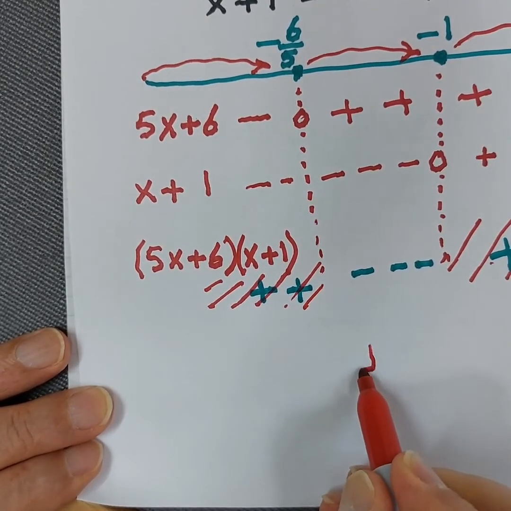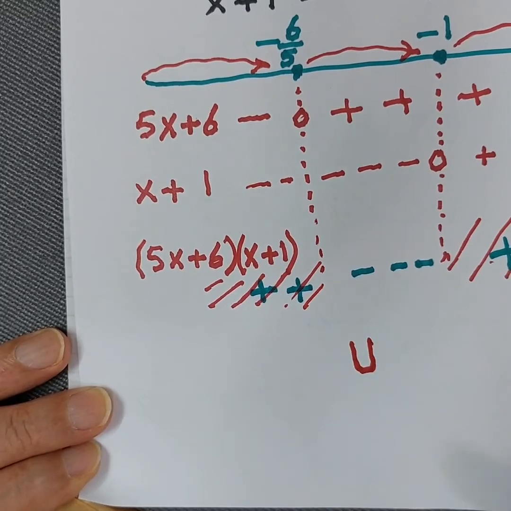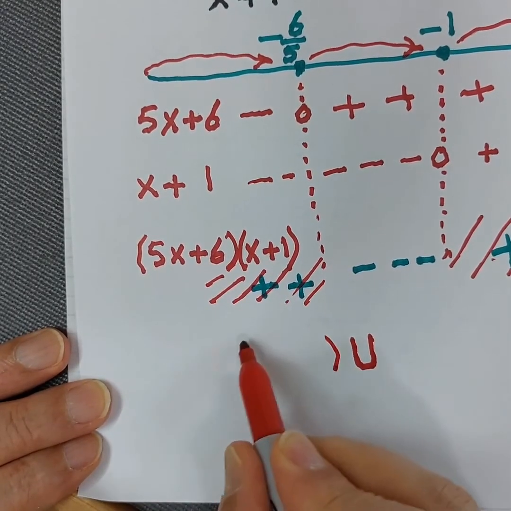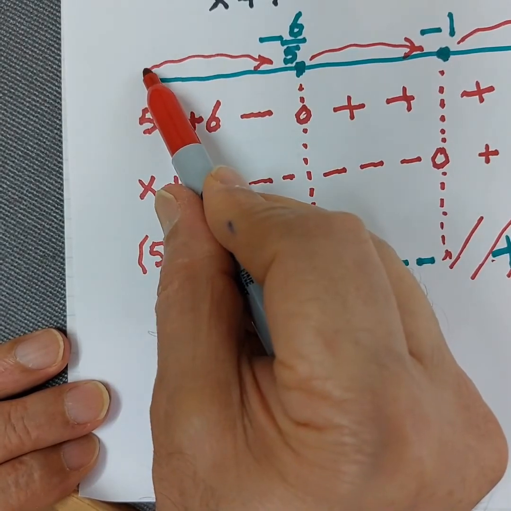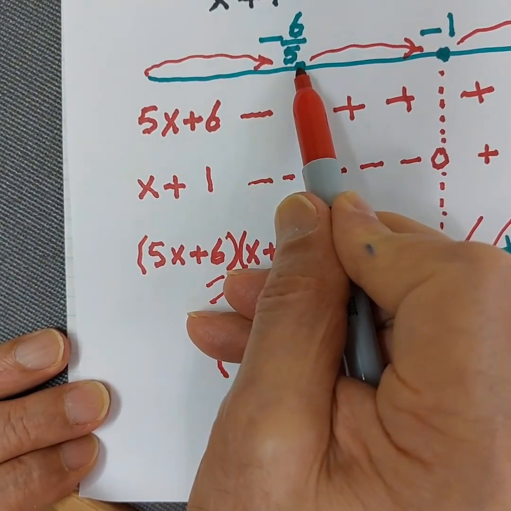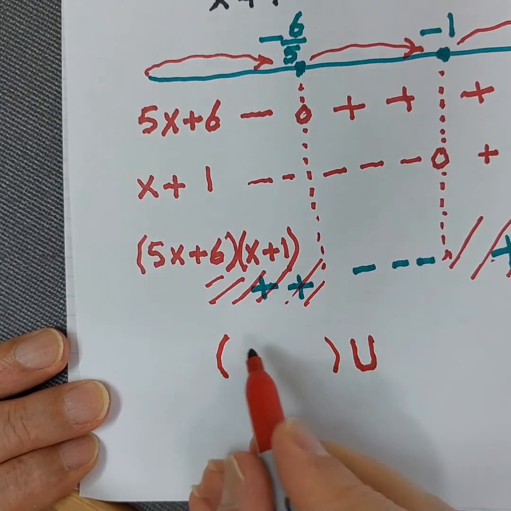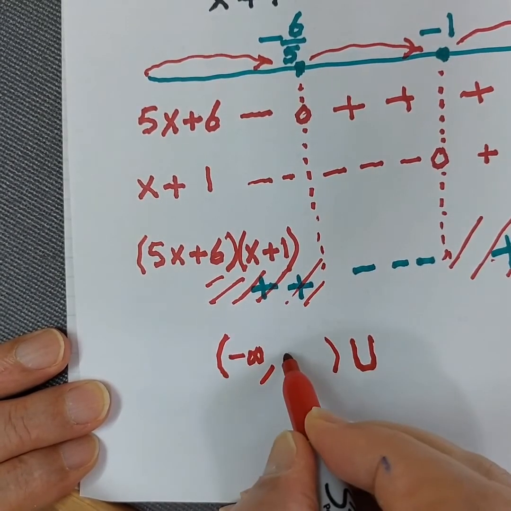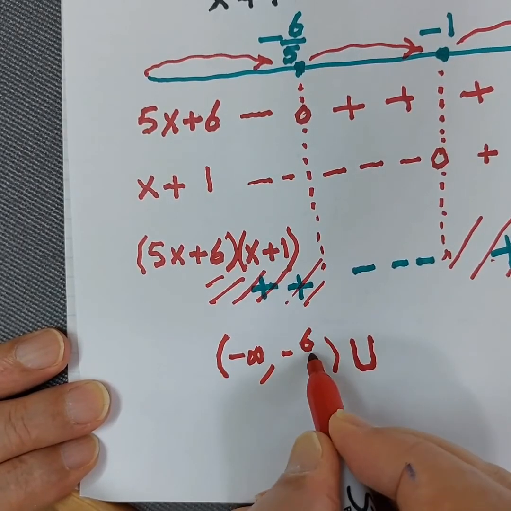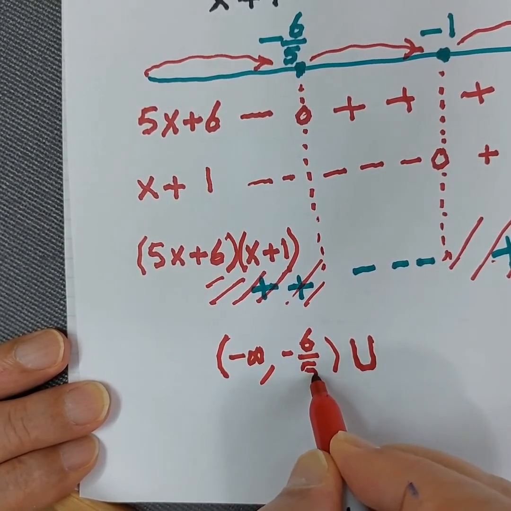We can write the answer as the first interval, from -infinity to -6/5. This is the first interval.